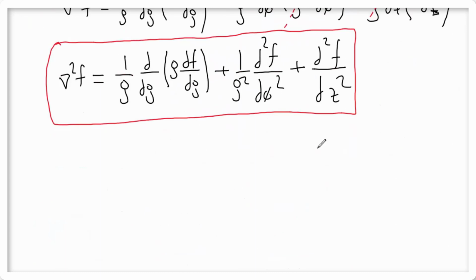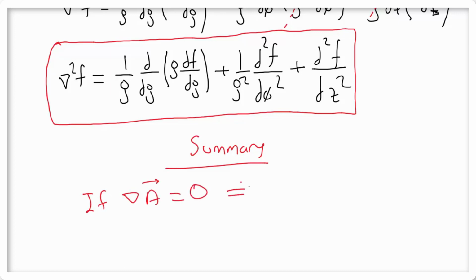Let's summarize for the last time, guys. If divergence A is equal to 0, then it is definitely not equal to 0 for the other test.